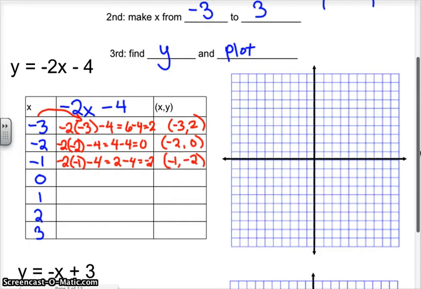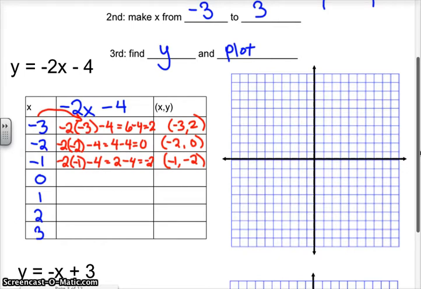And you can start doing this in your head once you get that pattern down. I know I'm just going -2 times x and then taking 4 away. So -2 times 0 is what? -2 times 0, 0. 0 minus 4, well, I don't want to, is -4. So I could, in this part, even just write -4 as my answer, and then my point (0, -4).